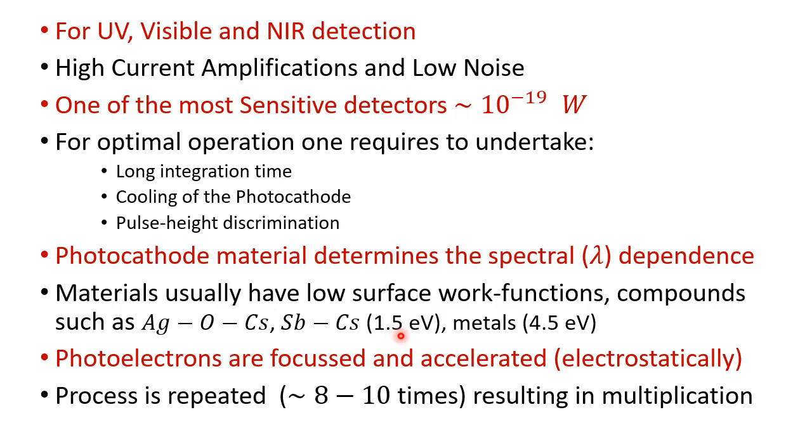These are materials which have low work functions and are used as photocathode material in the photomultiplier tube. The most important characteristic, apart from the generation of photoelectrons itself, is that these electrons need to be focused and accelerated.